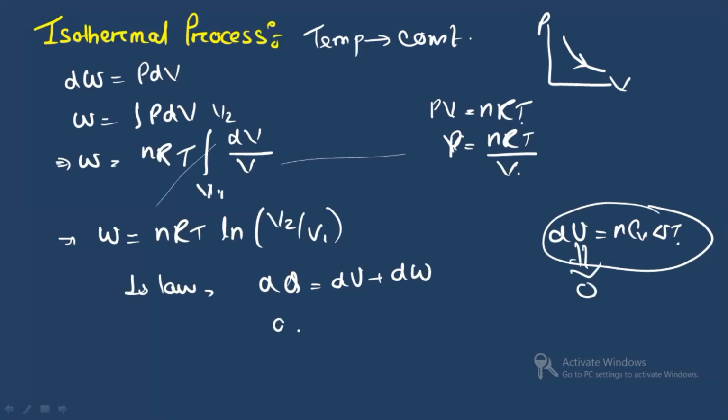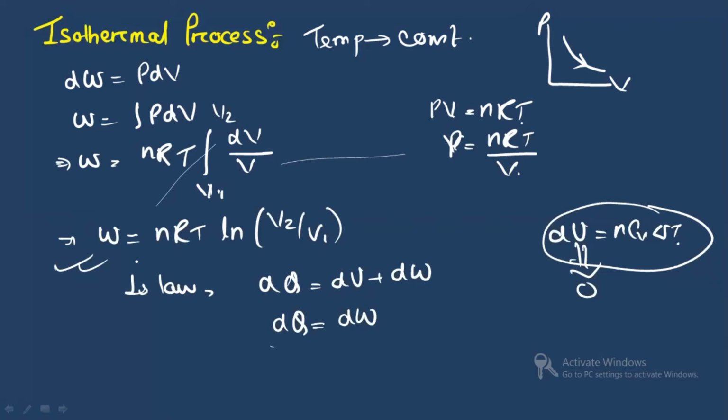So you can write dQ = dW. That means the heat equals the work done in the isothermal process, and this is the work done. All right, so this is all about the isothermal case. Remember that in an isothermal process, the temperature is constant, and this is the work done.